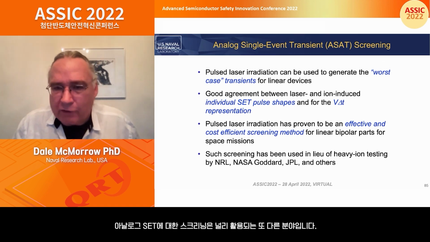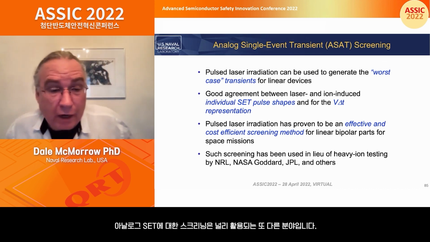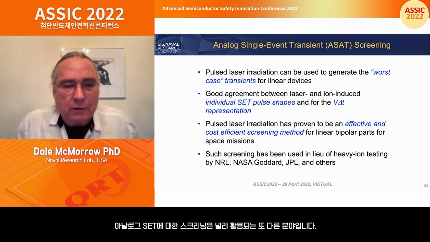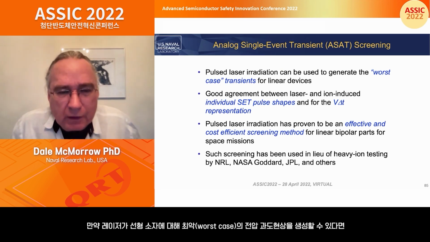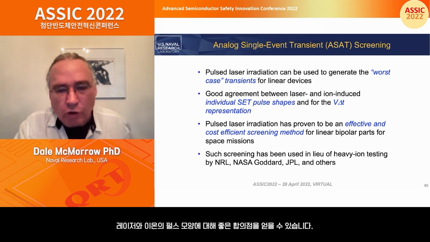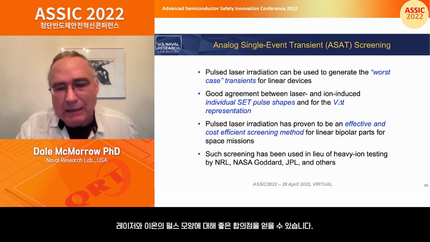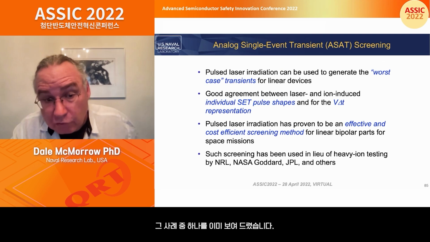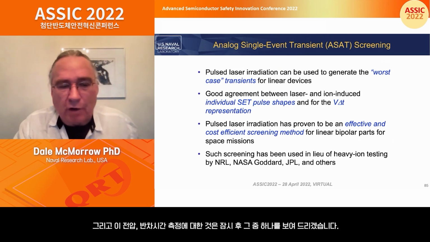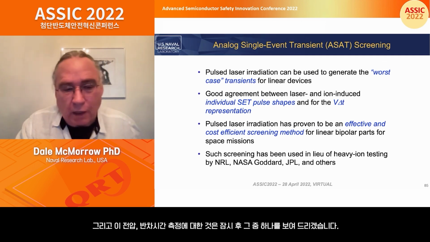Analog single event transient screening is another area that's widely utilized. The laser can be used to generate worst case transients for linear devices. We get good agreement between laser and ion pulse shapes. I showed you one of those examples already. And for this V delta T representation, I'll show you one of those in a second.